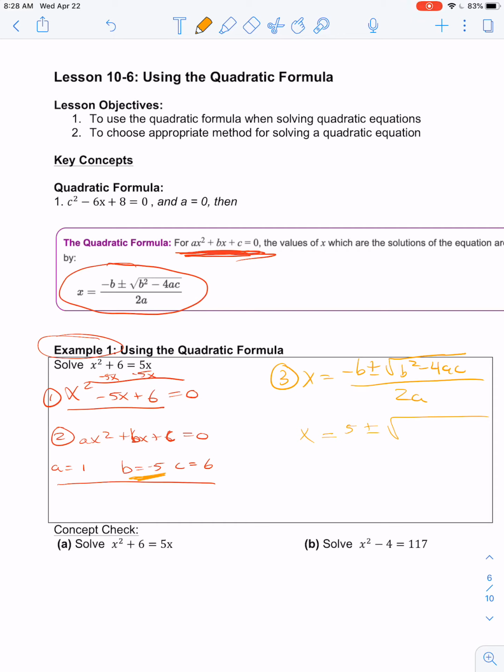So b squared, negative 5 squared, which, as we all know, is 25. The square root of 25 minus 4 times a times c. So minus 4 times 1 times 6 over, in this case, 2 times 1.